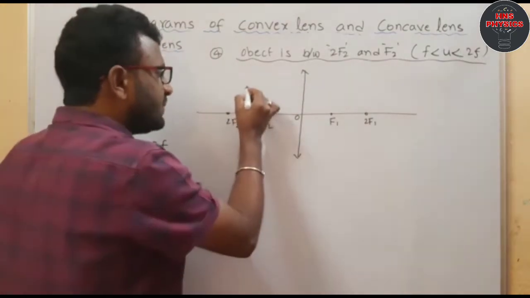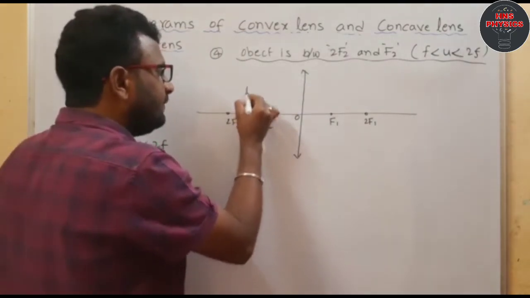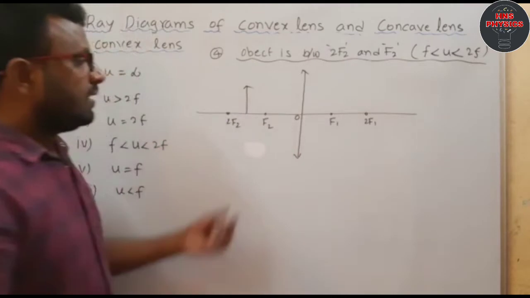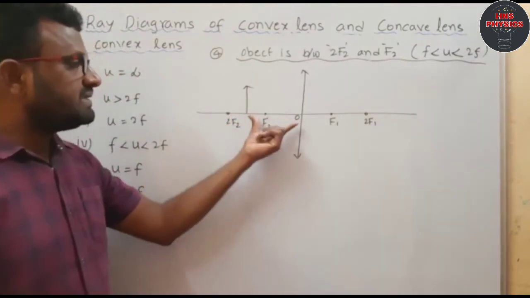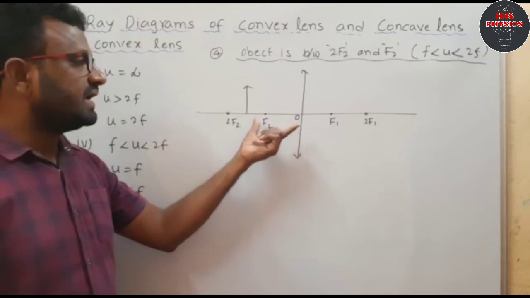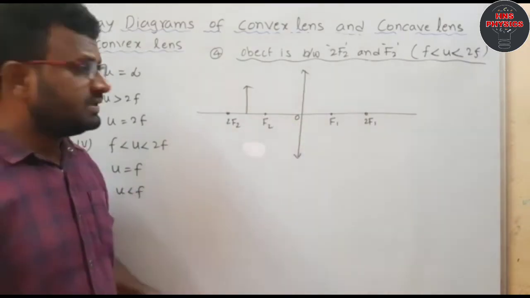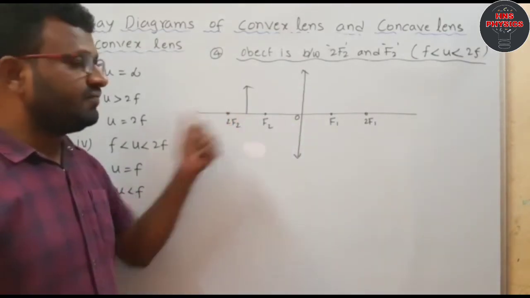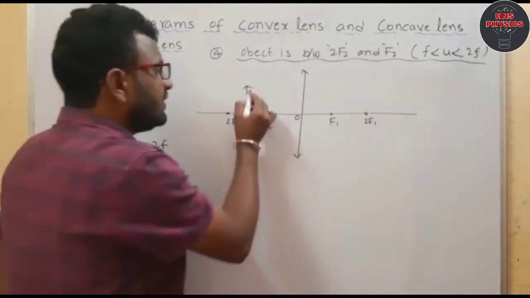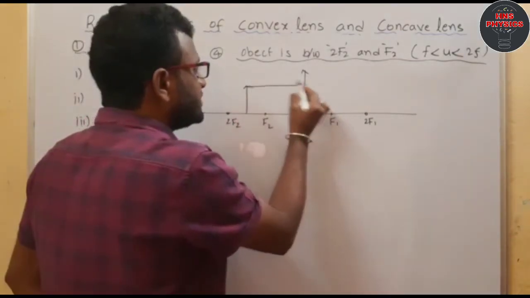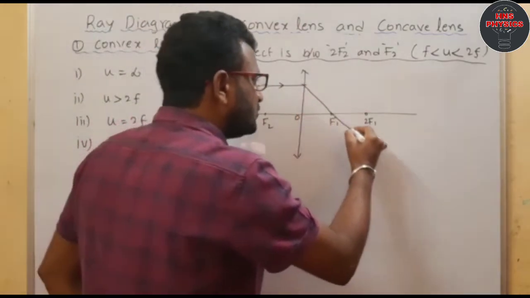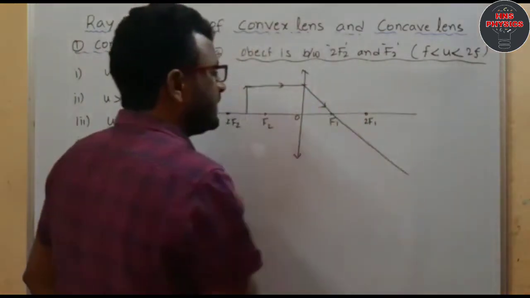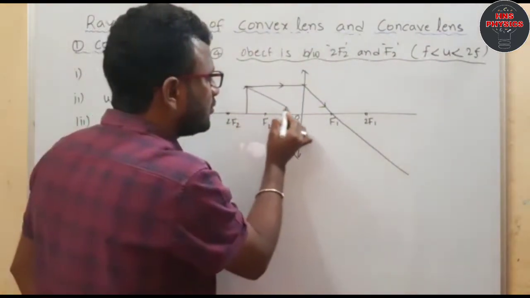Now here the object is placed between f2 and 2f2. One ray passes parallel to the principal axis. After the refraction, the refracted ray passes through the focus, and one more ray passes through the optic center.